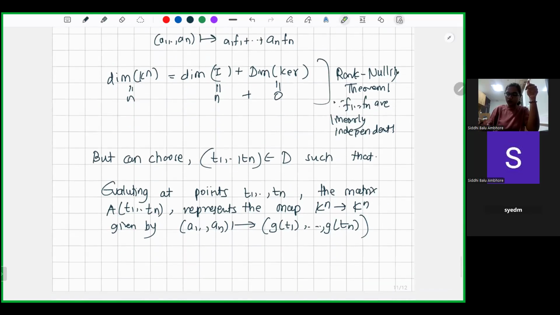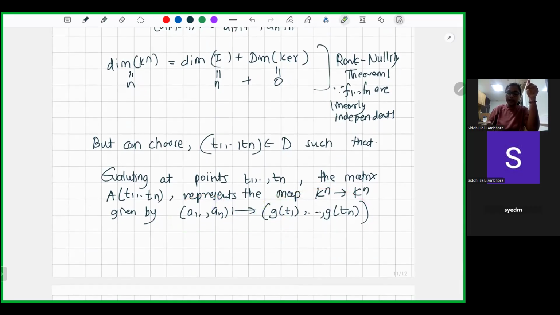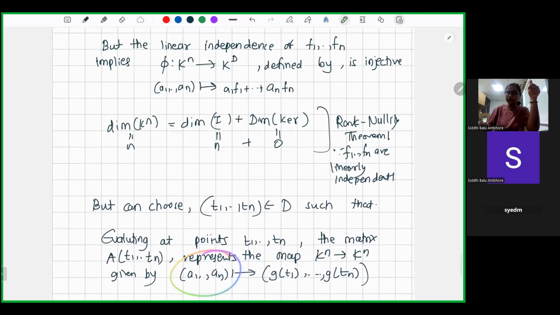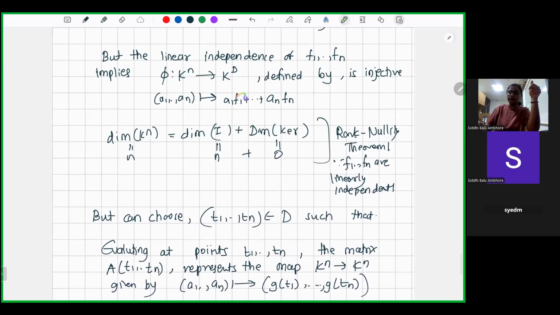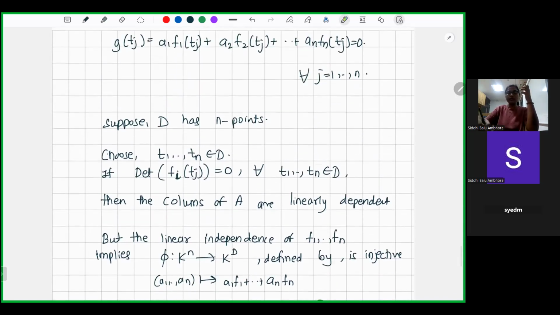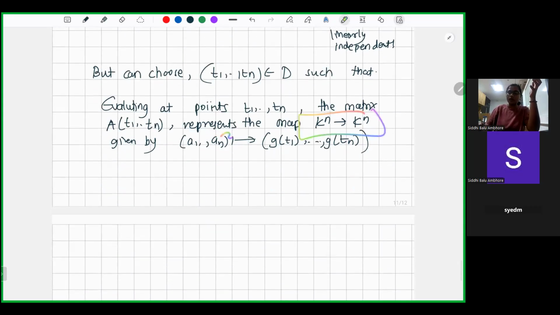So when I go from A1 to An and evaluate this phi at this A1 to An, it gives me A1 F1 T1 plus A2 F2 T1, and so on in the first entry. And the last entry will be A1 F1 Tn, and so on. So this is now a new map from A1, A2, An to GT1, T2, Tn.